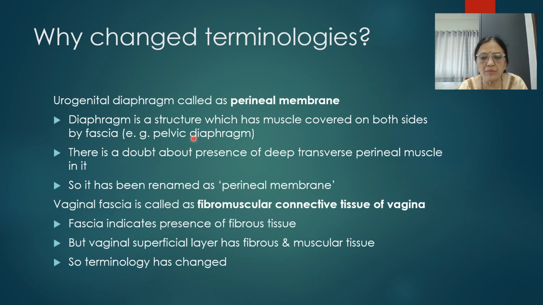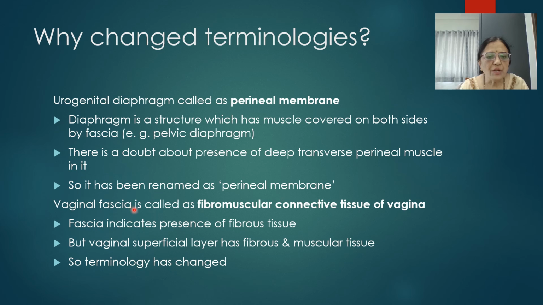This levator muscle forms the pelvic diaphragm, whereas here there is a doubt about presence of a muscle in this urogenital diaphragm. The doubt is about the presence of deep transverse perineal muscle as per the histological studies. And so the terminology has been replaced and it has been renamed now as perineal membrane.